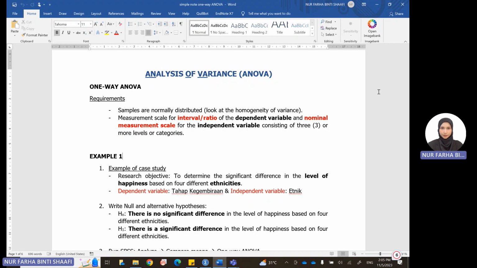You need to look at the homogeneity of variance, which we will check afterwards in your SPSS output. Another requirement, and this is important, is the measurement scale: interval or ratio for the dependent variable, and nominal for the independent variable. As I mentioned, the independent variable may consist of 3 or more levels or categories, for example ethnicity.